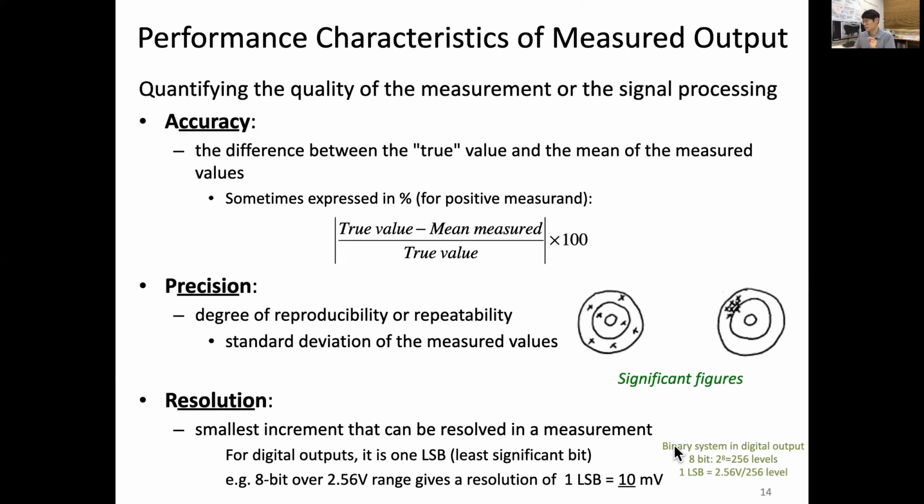Let me reiterate this. In a binary system with digital output, 8 bit is 2 to the 8th, 256 levels. So out of 2.56 volts, you make it 256 levels, then 1 level will correspond to 1 least significant bit, or 10 millivolts.